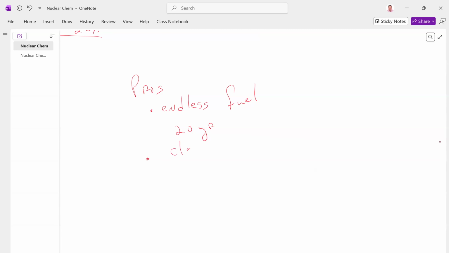Clean. No greenhouse gases. None, zero. Fuel is expensive, but you use it over 20 years.